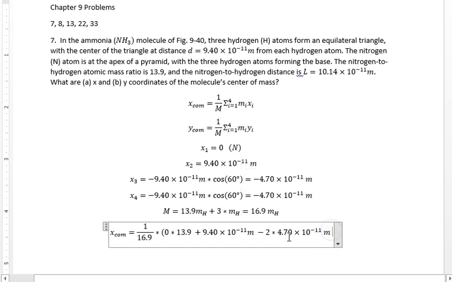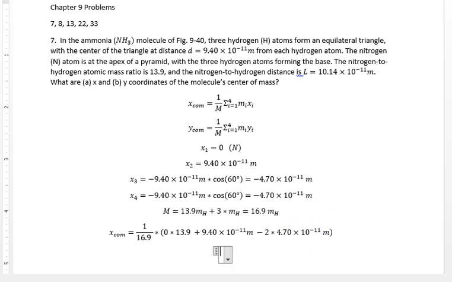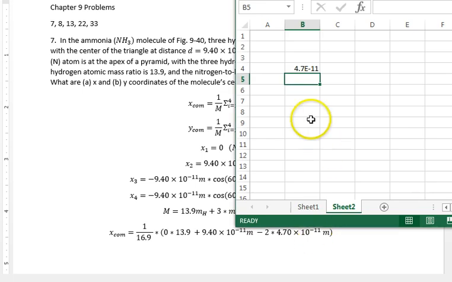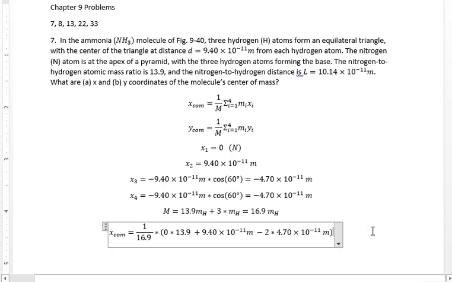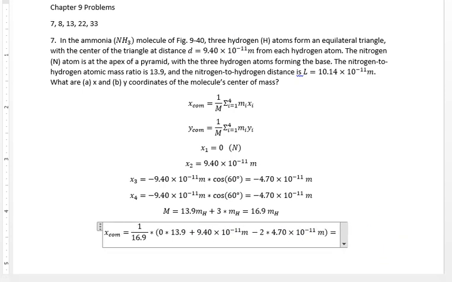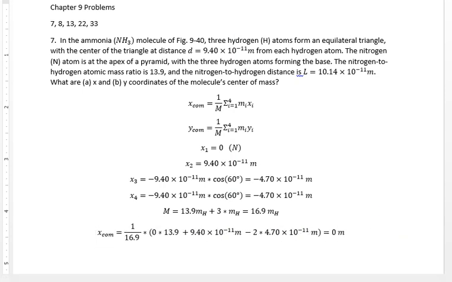So the x center of mass is 0 times 13.9 plus 1 hydrogen mass times 9.4 plus minus 2 hydrogen masses times 4.7. Well, 9.4 minus 2 times 4.7 is just 0. And so what we've gotten here is that the center of mass along the x-axis is 0.